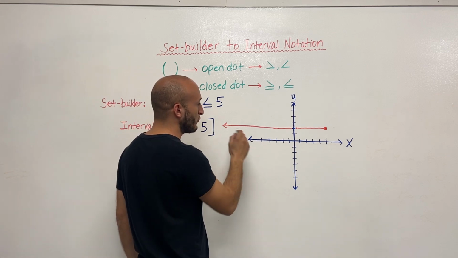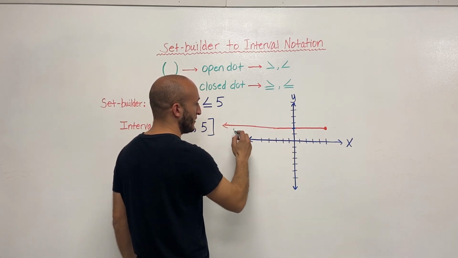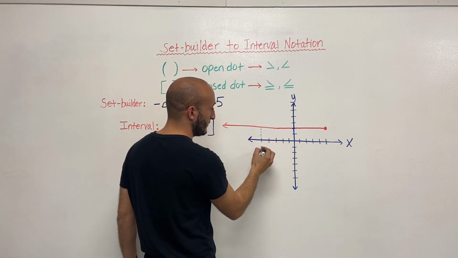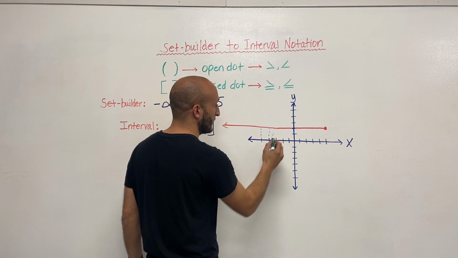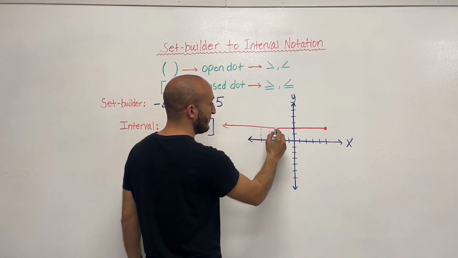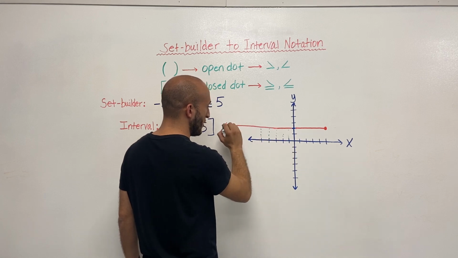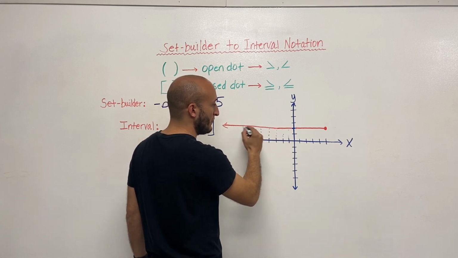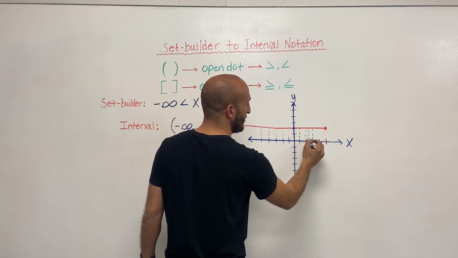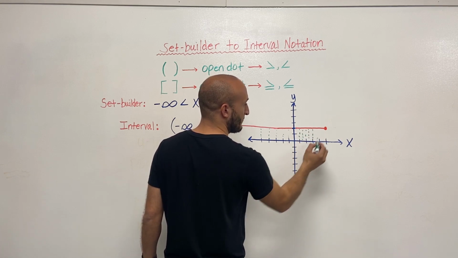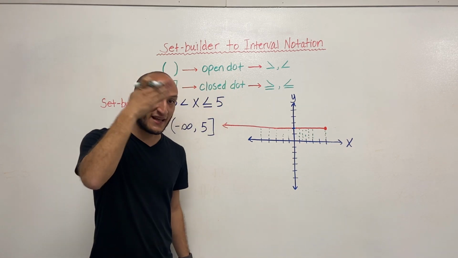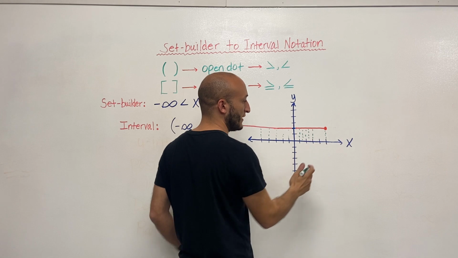If I were to grab any point on this function and ask, what is my value of x? What is my value of x? And so forth. I have values of x on this, which is my domain for this function. Now it stops there and actually lands on that point because it's a closed dot.